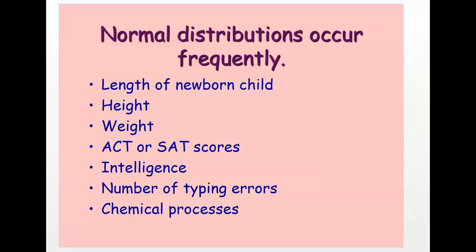Some places that the normal model tends to have relevancy are things like newborn baby height and weight, college entrance exam scores, and intelligence scores. Pretty much a lot of processes where we have a single expected value and there are very few extreme good and bad cases we consider to be a normal model.